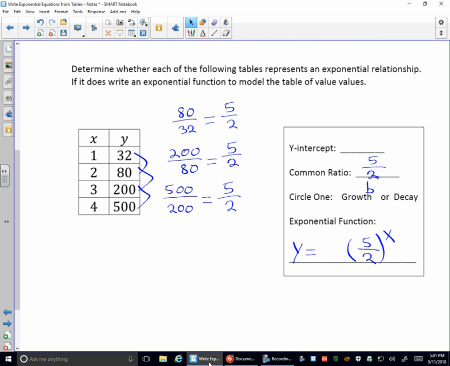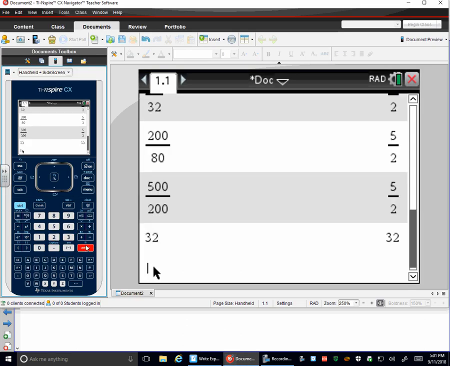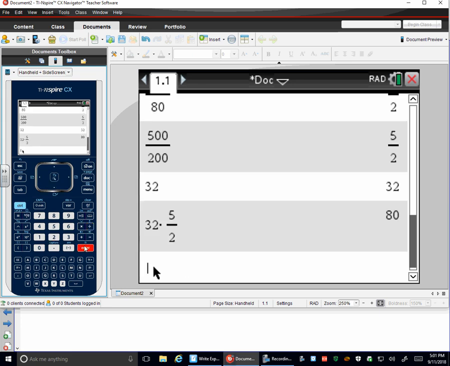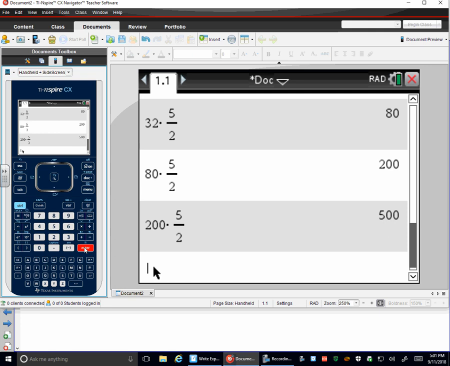You start with 32, and we multiply it by that common ratio of 5 over 2. That gives us our next value of 80. Then we take 80 and multiply it by 5 over 2 again, and we take 200 and multiply it by 5 over 2 again. That's the pattern for an exponential function.